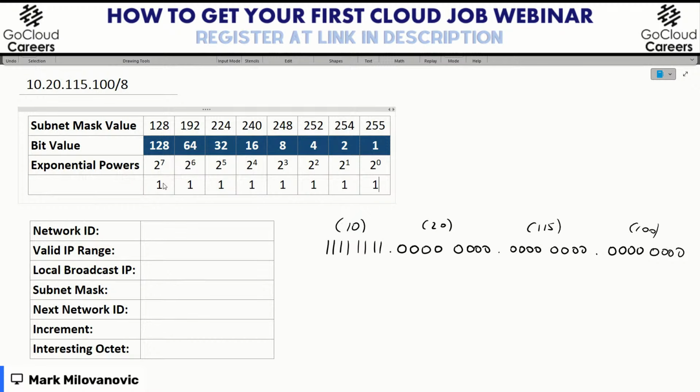Okay, in the first octet, right? So I'm only looking at this first position. I turned them all on. And as we did before, we would now go ahead and add all these values together, because by placing a 1, we said we want to pay attention to it.